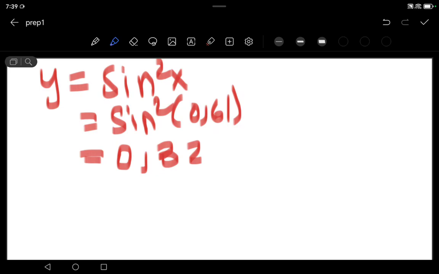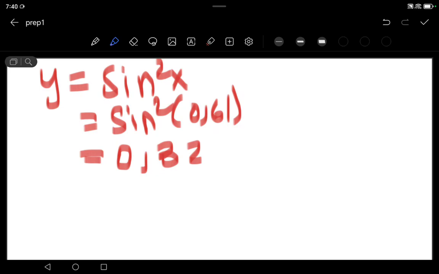So you press sine and then 0.61, close the brackets, and then say squared. That's how you calculate it. Yes, I calculated it that way, but the answer I'm getting is 1.133 times 10 to the power minus 4.